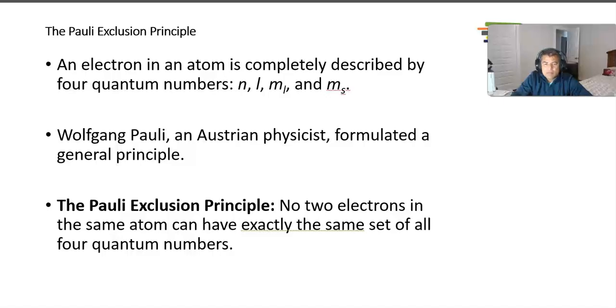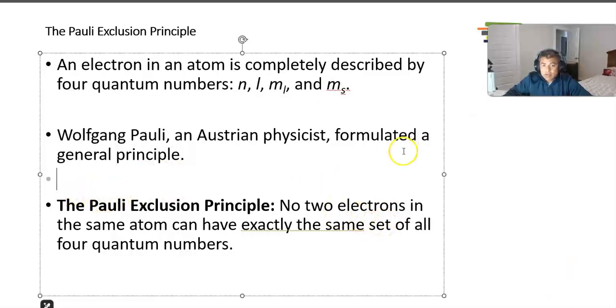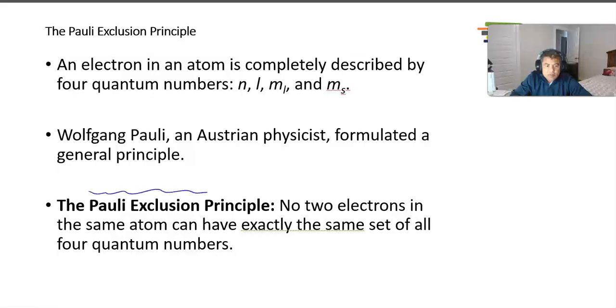We have done that. So to describe the electron in an atom, we should study 3 or 4 rules. Okay, guys. So number 1, Pauli exclusion principle. We will need this Pauli exclusion principle. This was a scientist, Wolfgang Pauli, an Austrian physicist, and he gave a rule, the Pauli exclusion principle.